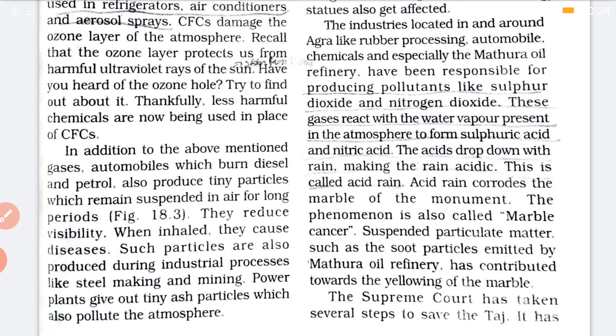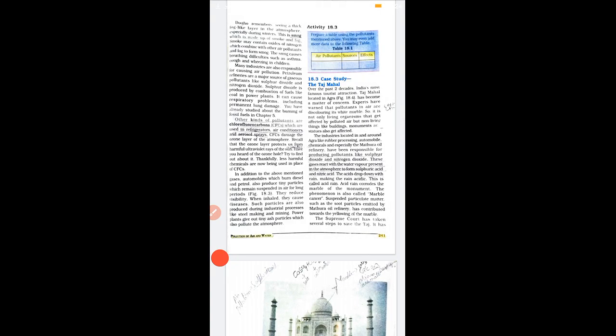We have learned this also. And when this acid rain falls on the marble, a chemical reaction takes place and the color of the marble changes to yellow. So this is a threat for the Taj Mahal. So air pollution not only affects human beings, even non-living things are also being affected. Then this acid rain damages plants also.